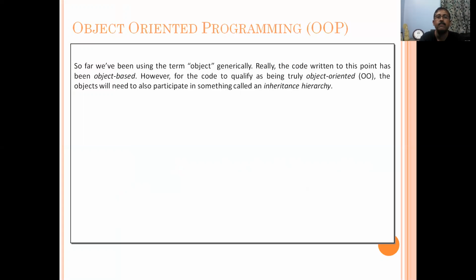So whatever programming we have done in Python so far has included the concept of objects, but in a more generic way. Now, what do I need to do additionally to get the real essence of object-oriented programming? For that, what we have to bring into the game is the concept of inheritance, right?